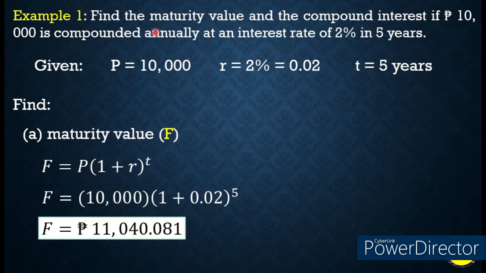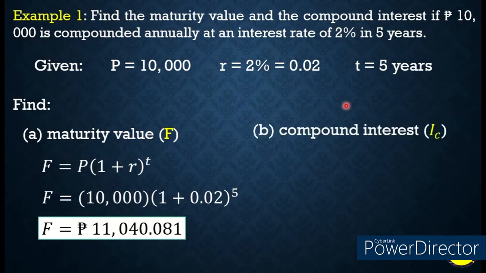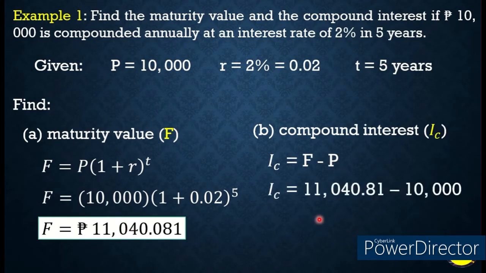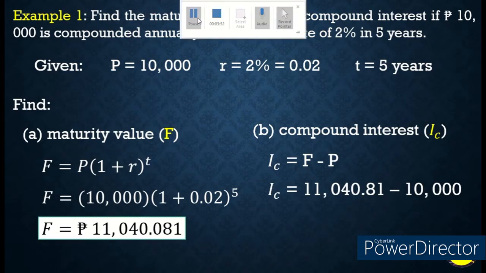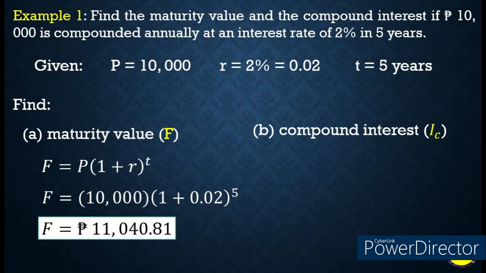So ano pa yung pinapahanap dito? The compound interest. So kunin natin yung compound interest. So magkano ba yung tinubo ng pera niya? So from 10,000, magkano yung nadagdag? So the formula is future value minus the present value. So the future value is 11,040.81. Okay, again, so ano yung nakuha nating future value?